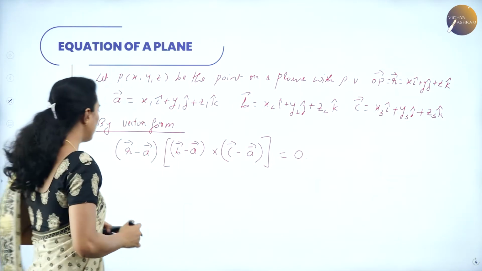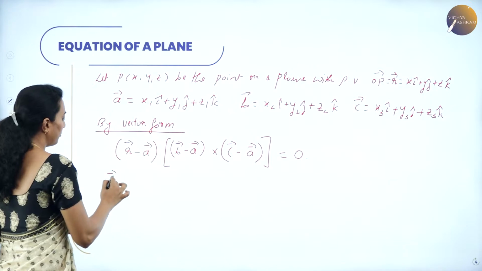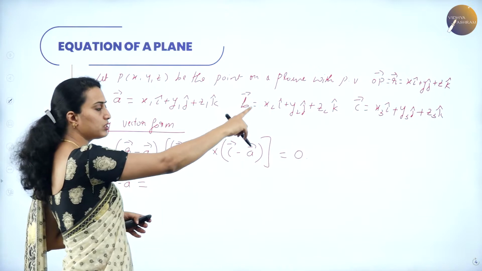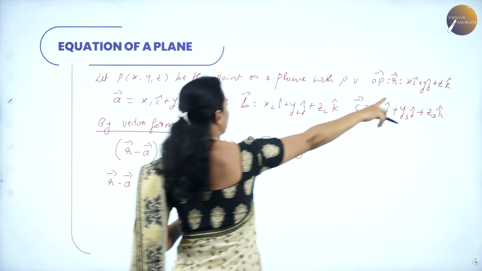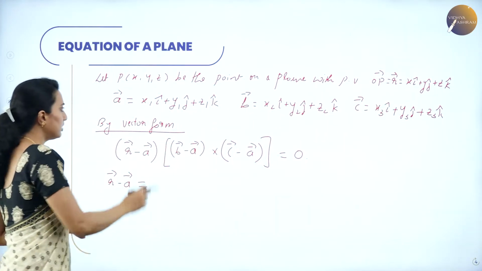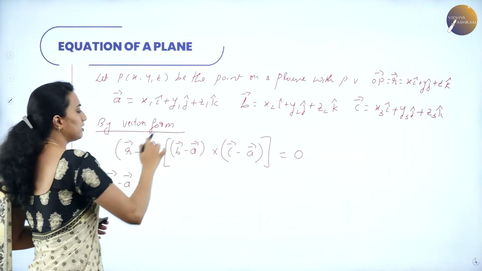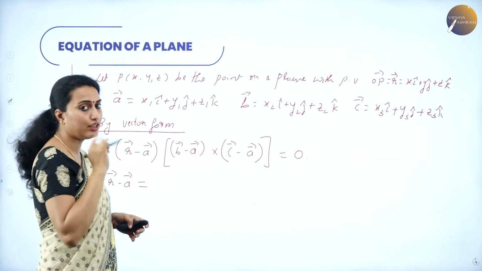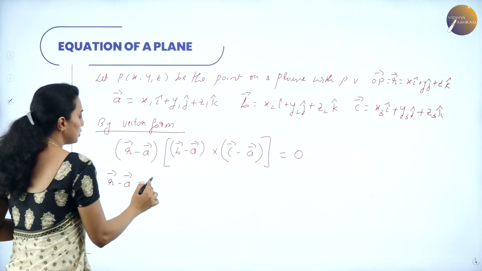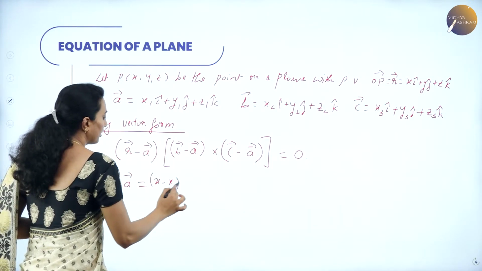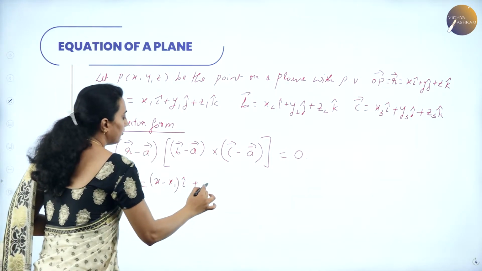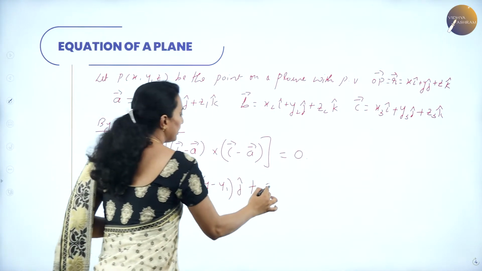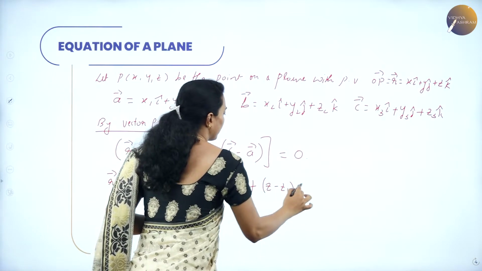First, let me find out R vector minus A vector. You know already R vector is xi plus yj plus zk. You can observe here, dear students. Similarly, A vector is x1i plus y1j plus z1k. Now, R vector minus A vector is, by taking i as a common factor, x minus x1 into i, plus y minus y1 into j plus z minus z1 into k.